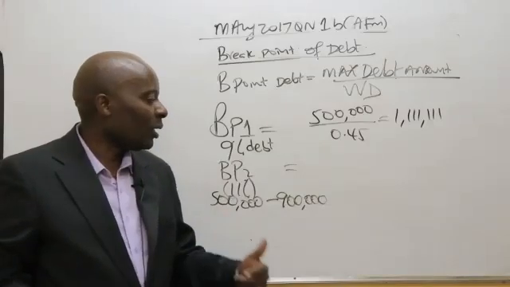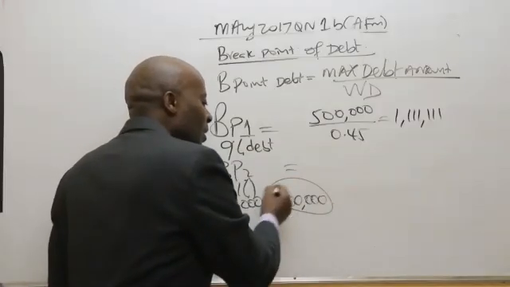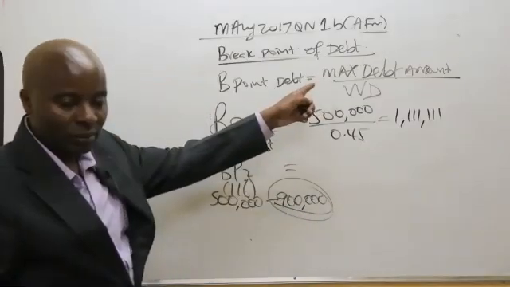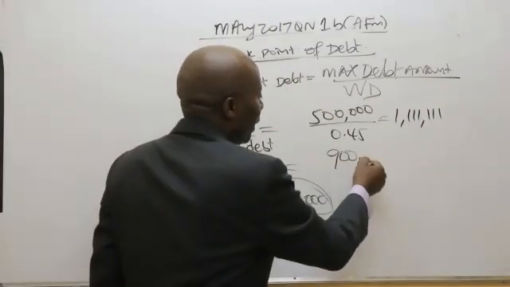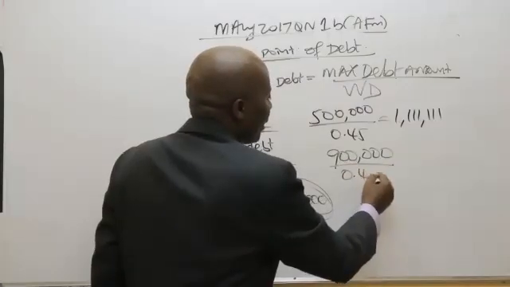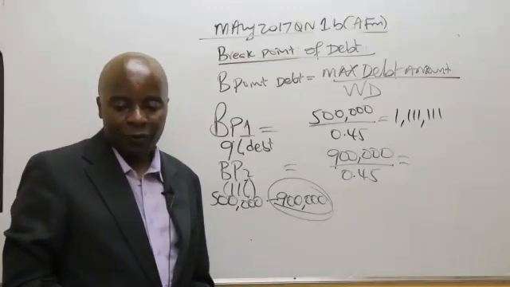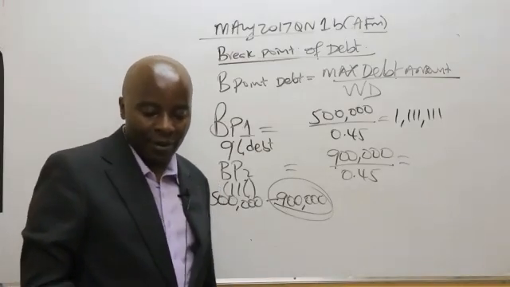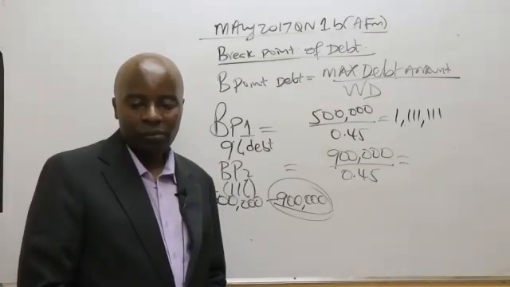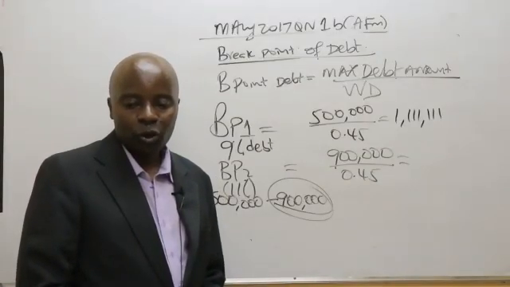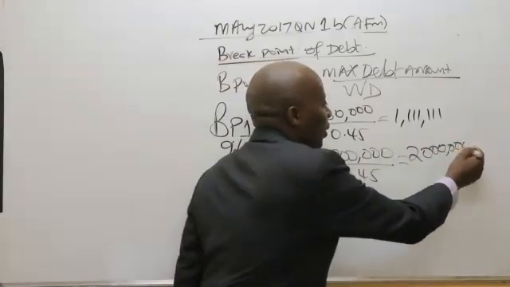Remember that these breakpoints are supposed to be cumulative in nature, and that is why we simply read the maximum value, the upper limit. The upper limit here is 900,000. We divide this by the same weight. So what is 900,000 divided by 0.45? That gives 2 million, thank you very much.